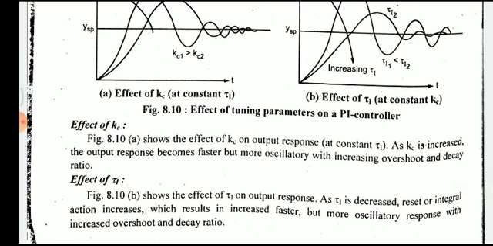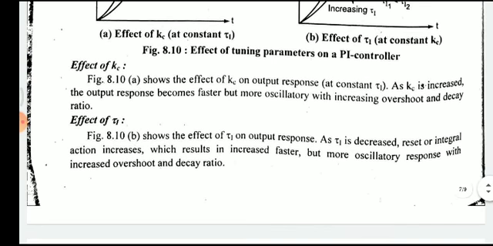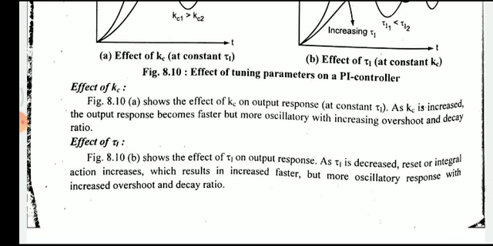Now let's see the effect of Kc in figure 8.10a. This figure shows the effect of Kc on output response at constant tau 1. As Kc is increased, the output response becomes faster but more oscillatory, with increasing overshoot and decay ratio. Then the effect of tau 1, figure 8.10b, shows the effect of tau 1 on the output response.